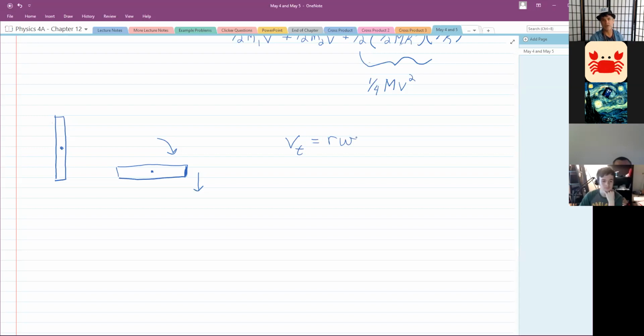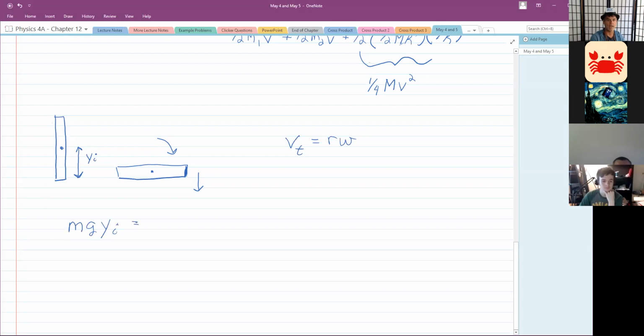So here, without going through the whole big energy equation, initially, all of the energy is just gravitational potential energy. And again, the point I look at is the center of mass. So for an extended object, if I want to know the initial height, I'm always looking at the center of mass. So my initial energy is the mass of this meter stick times G times Y initial.